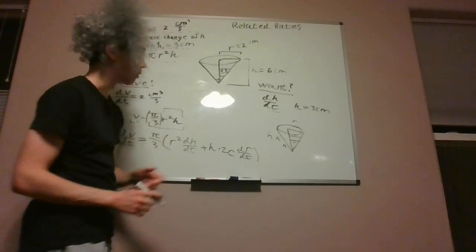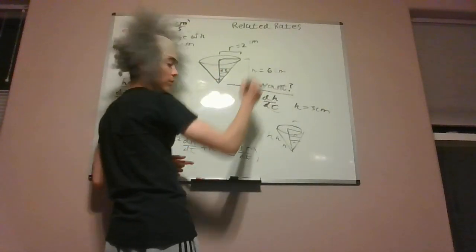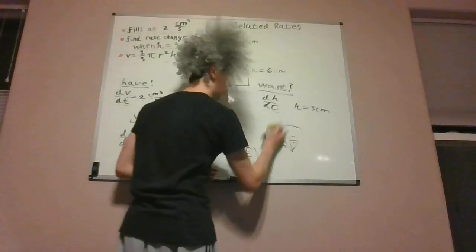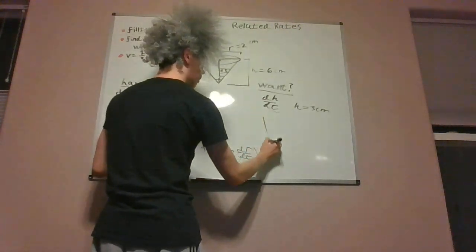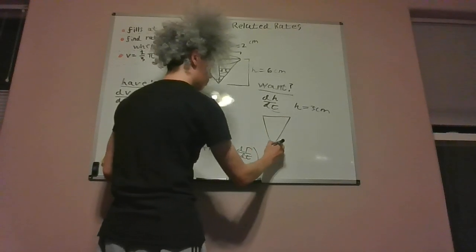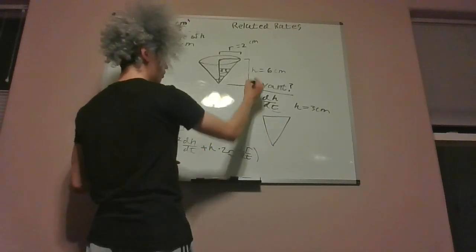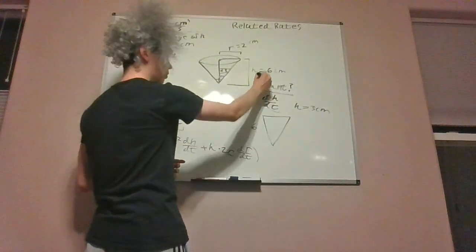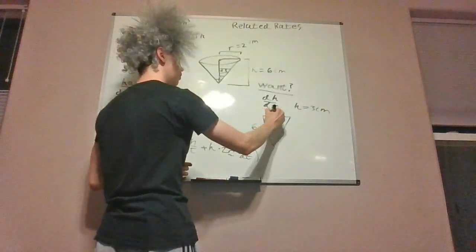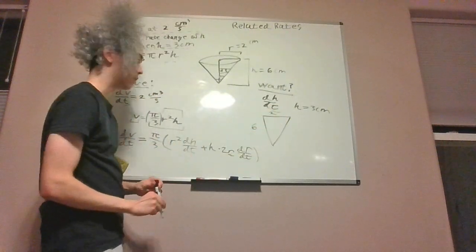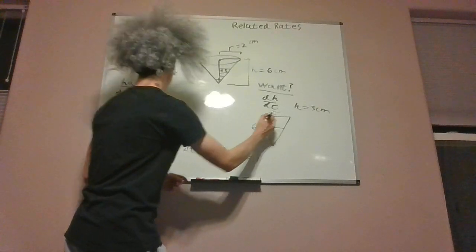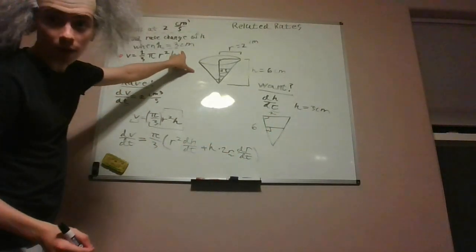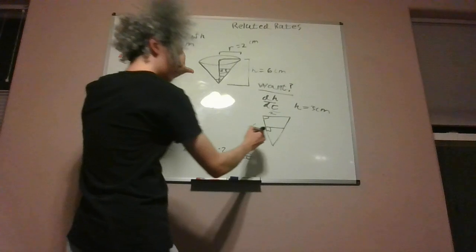What do we do with that similar triangle? Well, let's go up here to the top right. Actually, no, let's stay here at the bottom right. If the tank was completely filled, we would have a full height of 6 centimeters, which I've written here, and a full radius of 2 centimeters. But let's say that height is equal to 3 centimeters, like they ask in the problem, right?